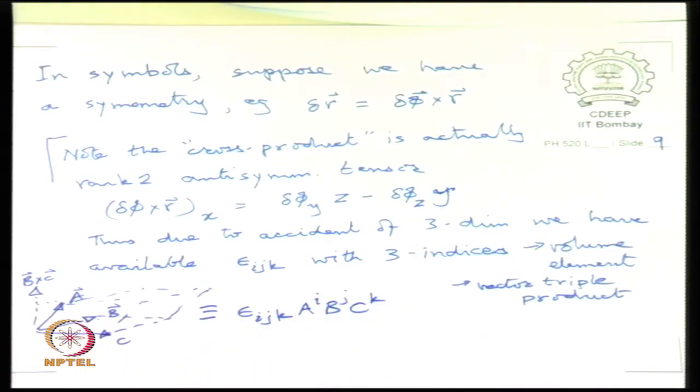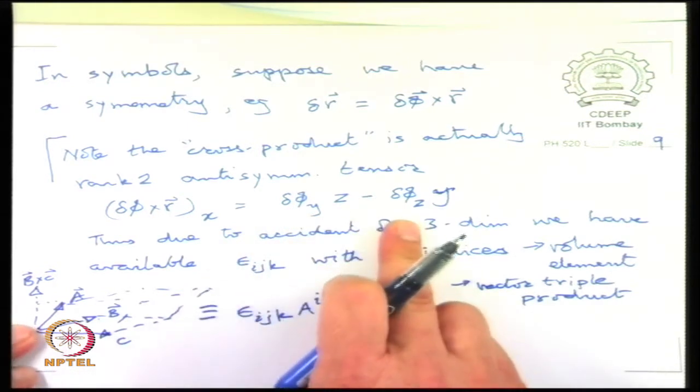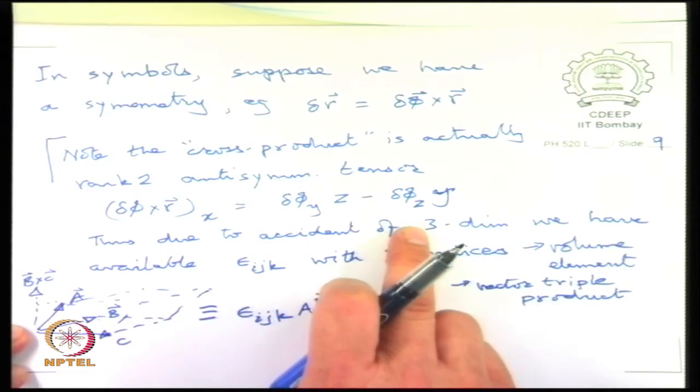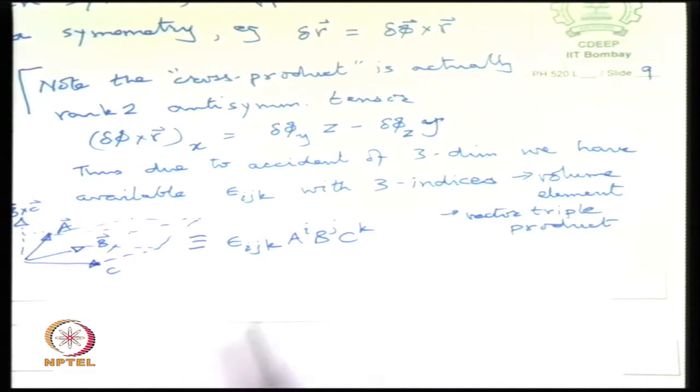But now the point is that using the epsilon, we can convert any antisymmetric tensor into a vector, a pseudo vector. Okay. So just to count, note that in 3 dimensions we will have exactly 3 components of the antisymmetric tensor, because the tensor is a 3 by 3 matrix, but it is antisymmetric, so it has no diagonal elements, and if you count the upper diagonal, it is 3 elements, remaining 2 and 1.